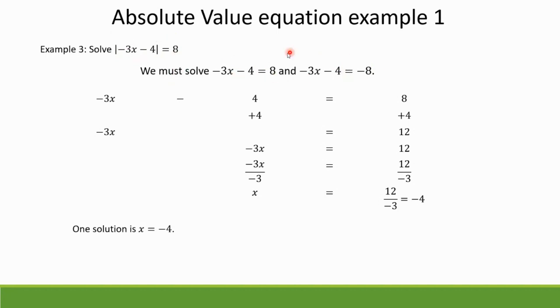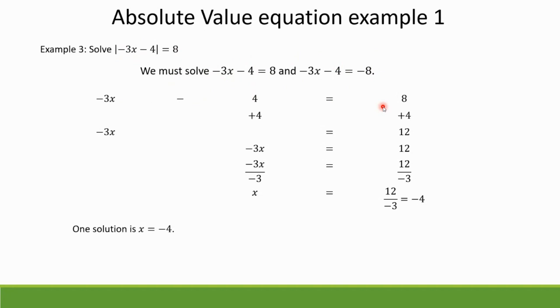And this is how we do it. We solve these two wonderful equations. Okay, so let's solve them. For the first equation, we have minus 3x minus 4 is 8.